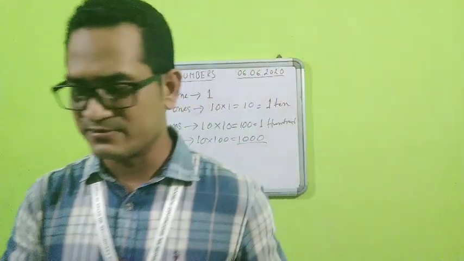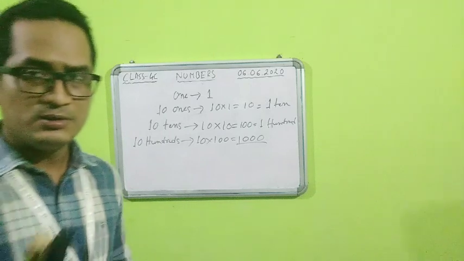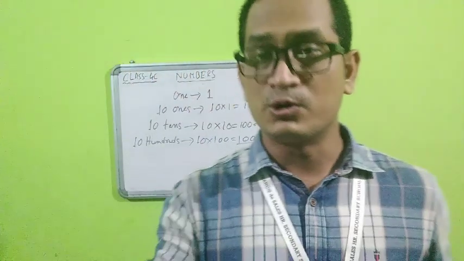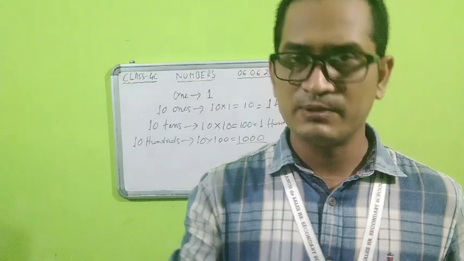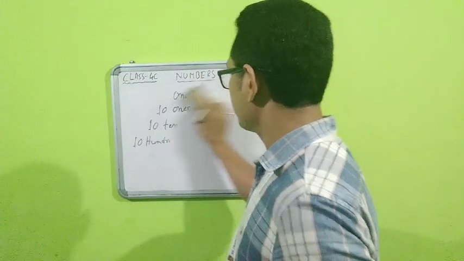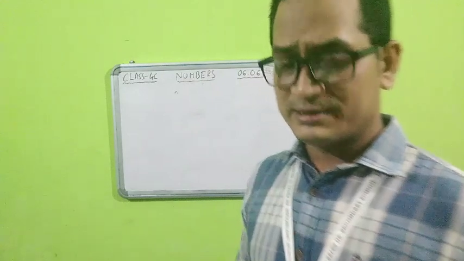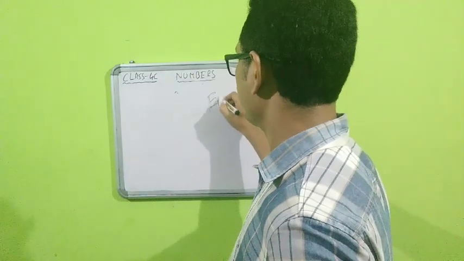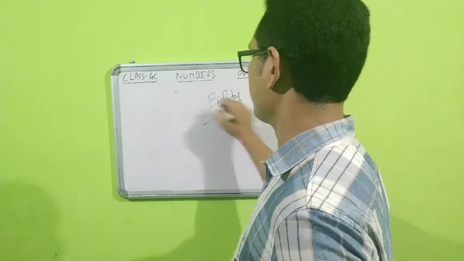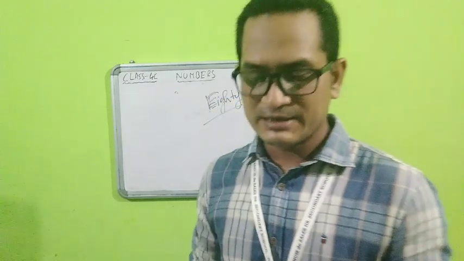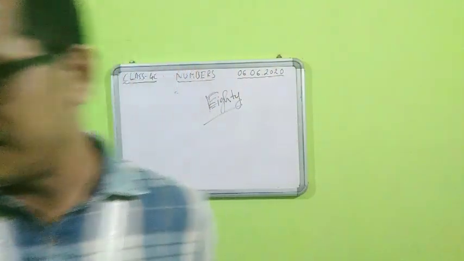Writing is different and reading is different. So how we are going to read it, or how we are going to write it in words. If we write a number in words, that will be called the number name. It is given in the book itself: 80. Obviously students, 80 we know, it is called eighty, and that is how they have written it. Then 800, in words you have to write eight first, then hundred.